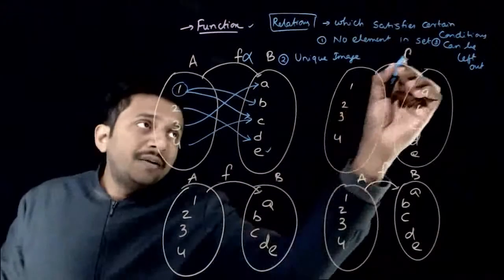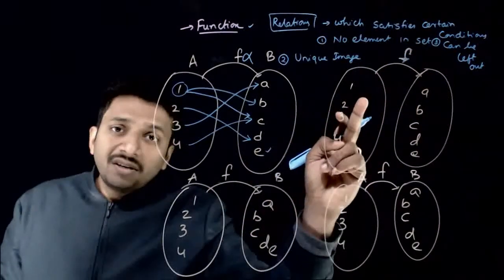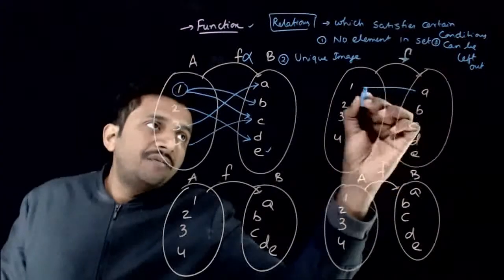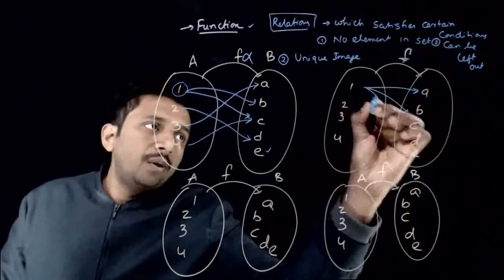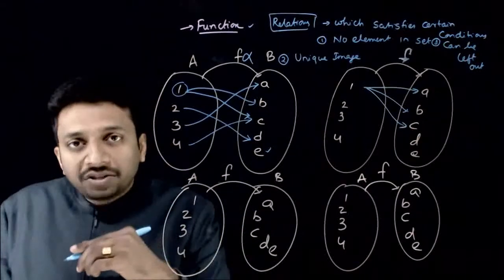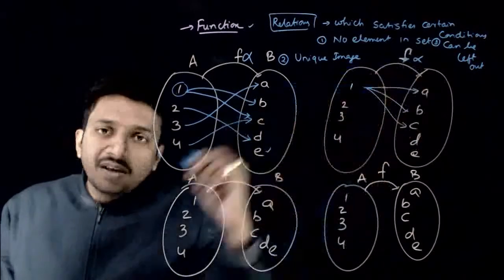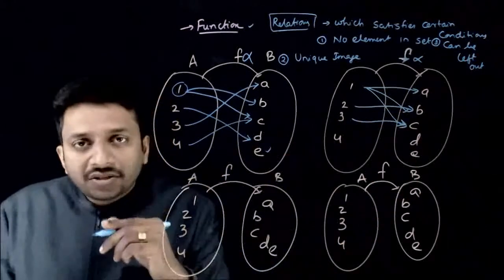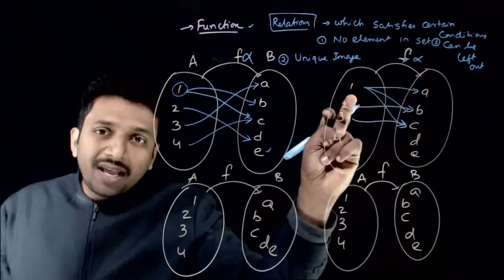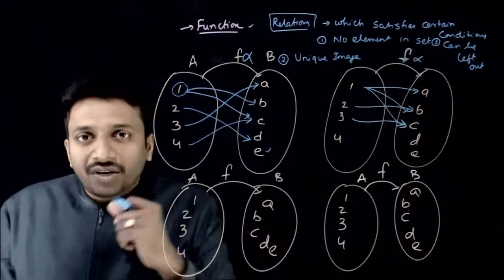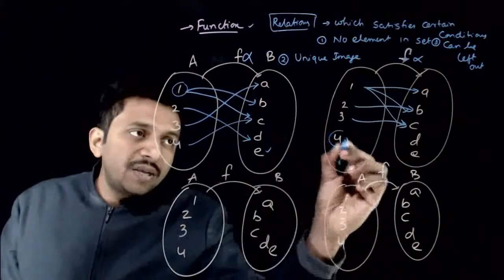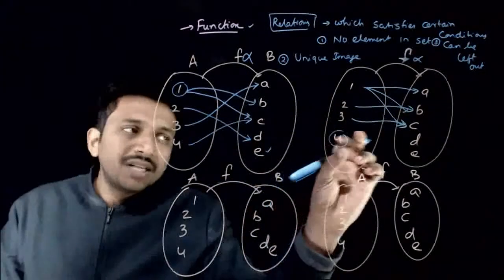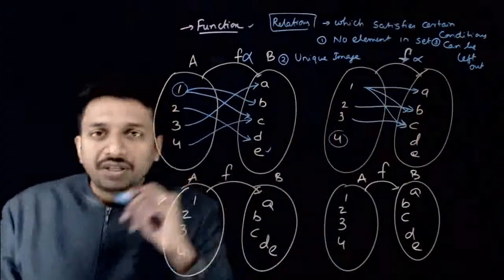If 1 goes to more than one image, then it is not a function, even if all the other elements have only one image. Otherwise, if I left out some number, assume that all the other elements have a single image, but 4 does not have an image, this is also not a function.